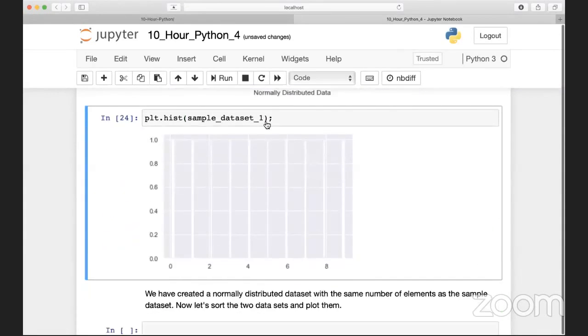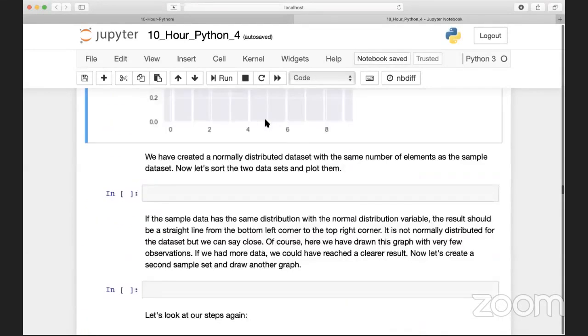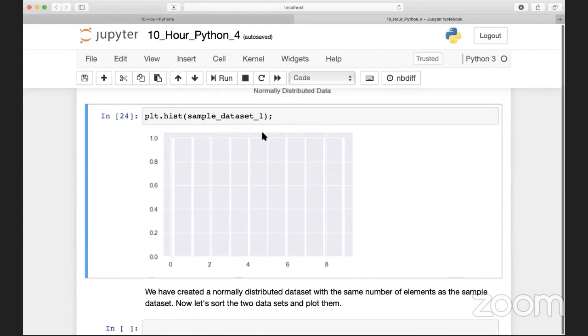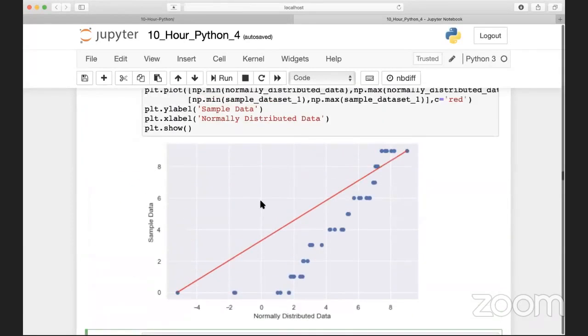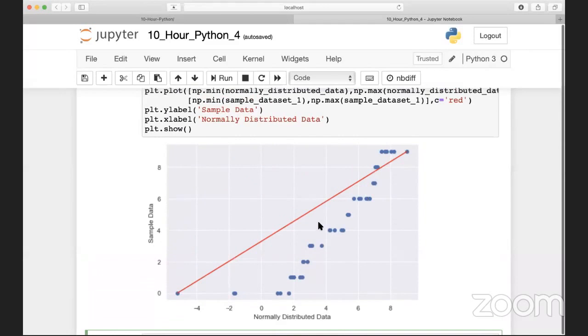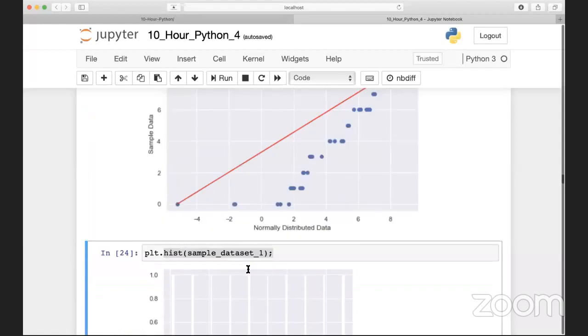Okay, so I don't have enough data, so it doesn't look well. So here you see the bars, it doesn't tell me anything. So I just drew the histogram to check if the data really do not follow a normal distribution, and it seems like it doesn't.